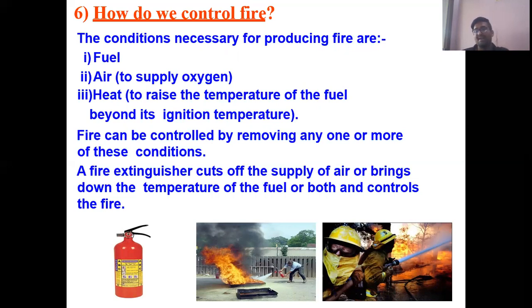So fire or combustion can be controlled by removing any one or more of these conditions. A fire extinguisher cuts off the supply of air or brings down the ignition temperature of the fuel, or both, and controls the fire.